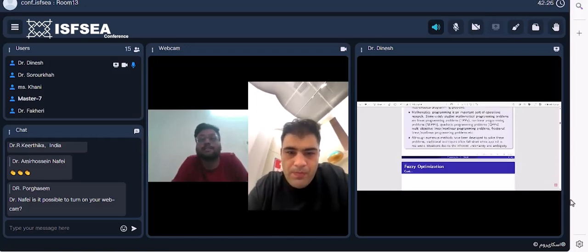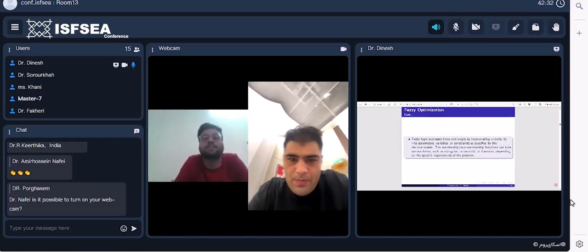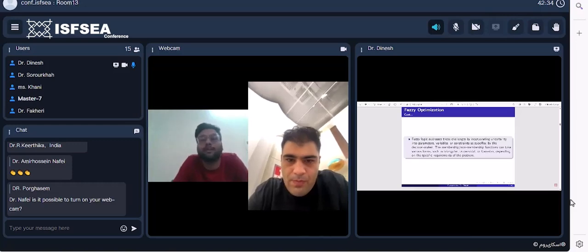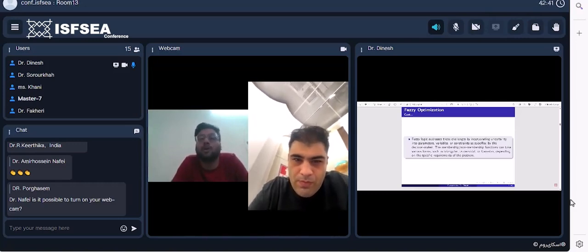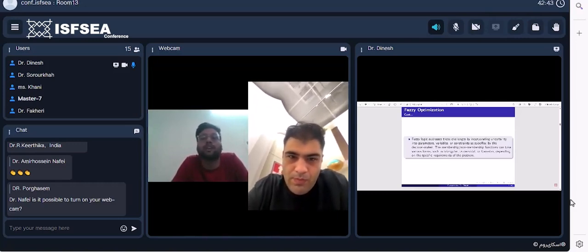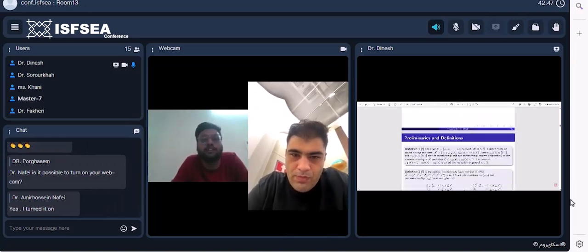Fuzzy logic addresses these challenges by incorporating uncertainty into parameters, variables, or constraints as specified by the decision maker. The membership and non-membership functions can take various forms such as triangular, trapezoidal, or Gaussian depending upon the specific requirement of the problem.